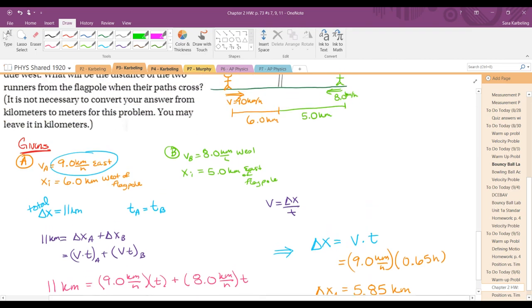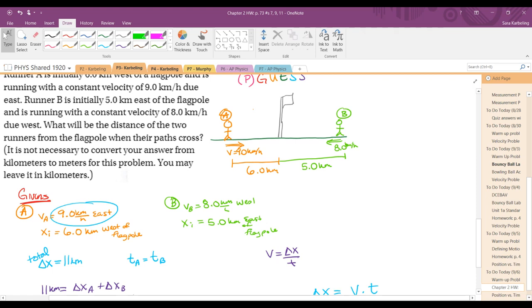Let's go back and look at our picture. I was studying person A. Person A started out how far from the flagpole? 6 kilometers. And how far did person A run before they met person B? 5.85. So quick question. Did person A make it to the flagpole or no? No, didn't make it there. Close, but not quite. They made it to like here. So I want to know how much further they are from the flagpole. 0.15.